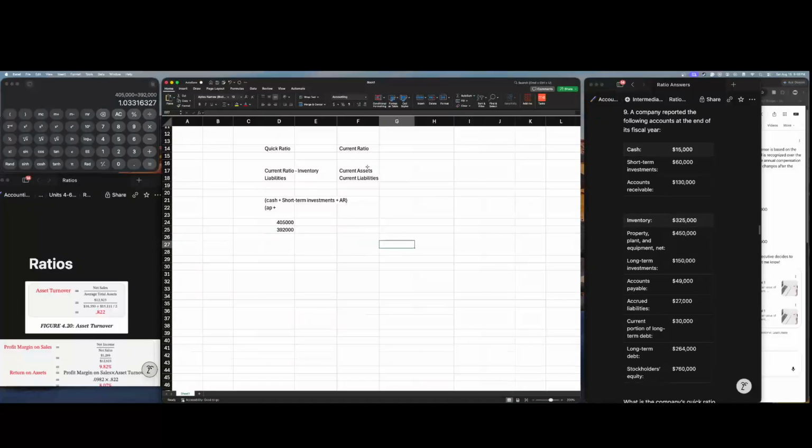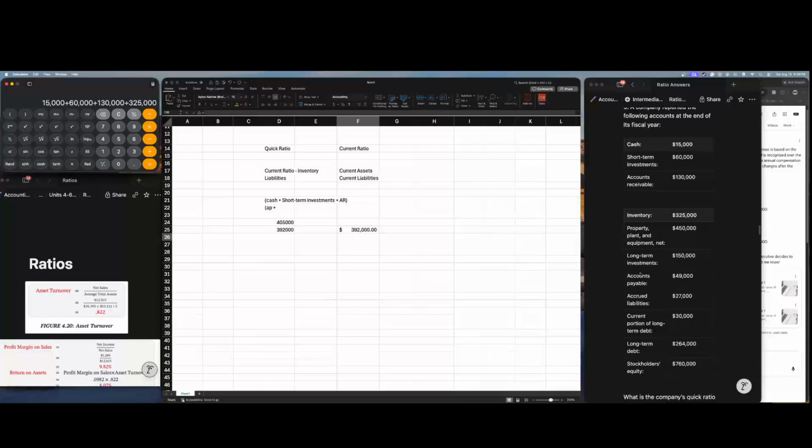With the current ratio, it's pretty much the same when it comes to liabilities, but it doesn't include long-term debt. It has to be current liabilities. The difference is that the assets include not only cash, short-term assets, and AR, but also inventory.